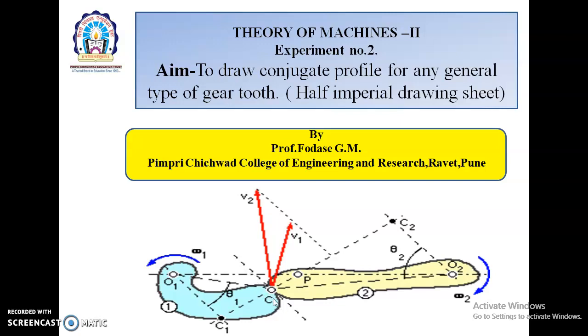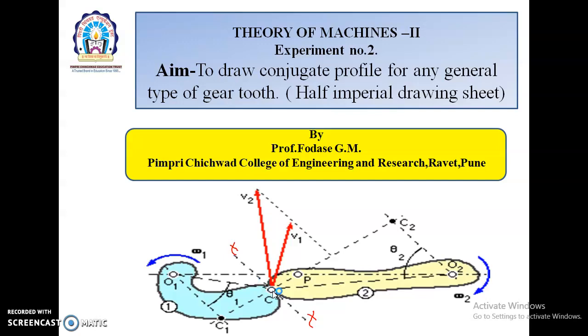The sliding velocity means one gear tooth slides over the other along one particular path. Let's call that path TT. So TT is the path along which the two gears slide, and along this we have to consider the sliding velocity.